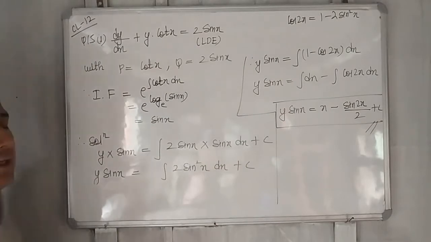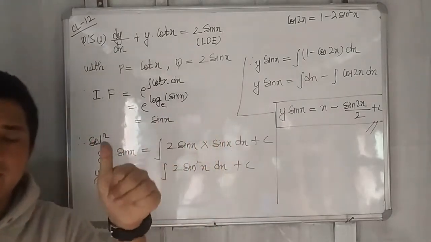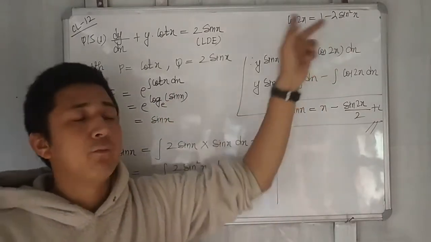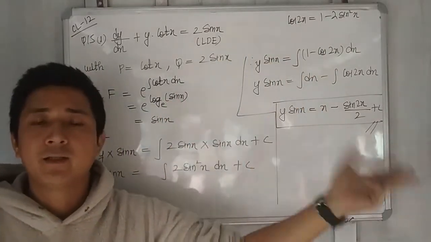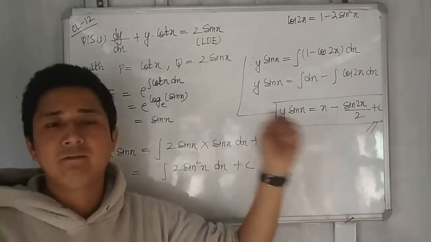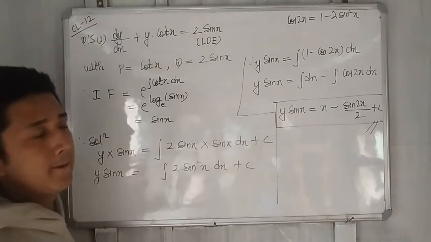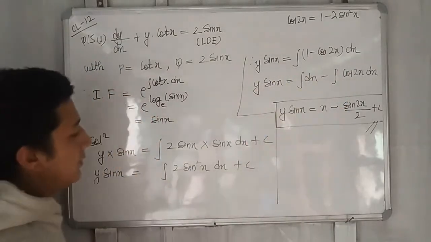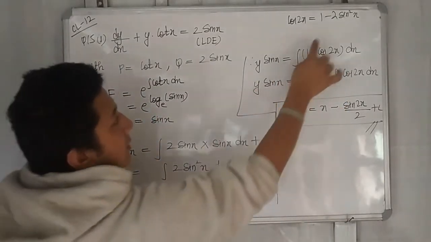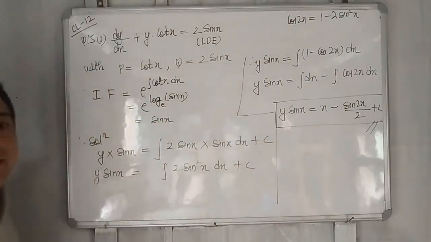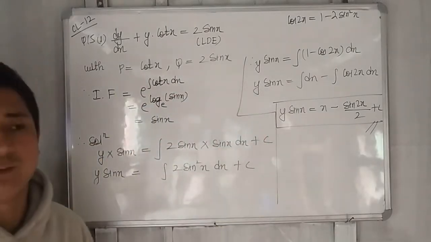Remember, cos 2x has 4 formulas: cos square x minus sin square x, 2 cos square x minus 1, the third one 1 minus 2 sin square x, and in terms of tan it is (1 minus tan square x) divided by (1 plus tan square x). I've given this formula before also, so please do brush up all these formulas and put the value for 2 sin square x, which will be 1 minus cos 2x, and then the integration is very simple. You know it already. So pause the video and note it down properly.